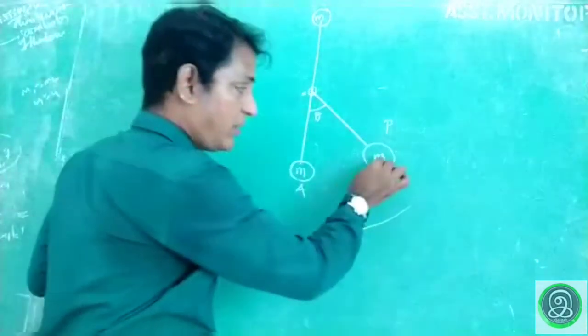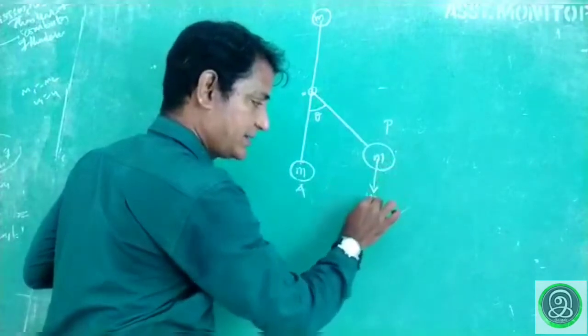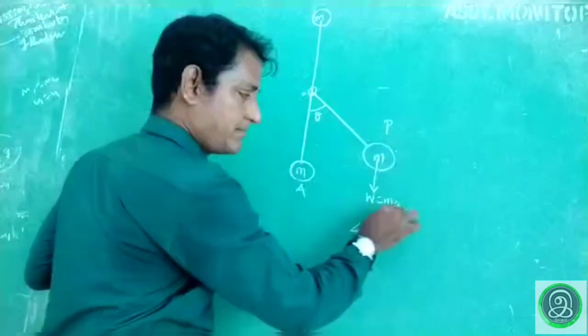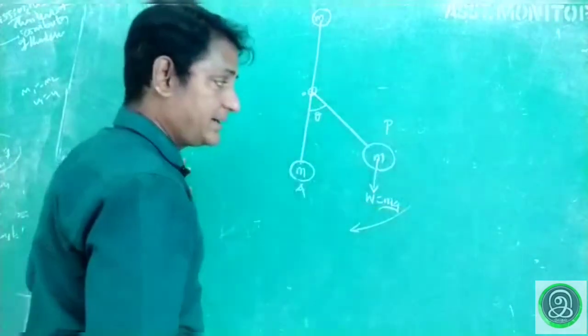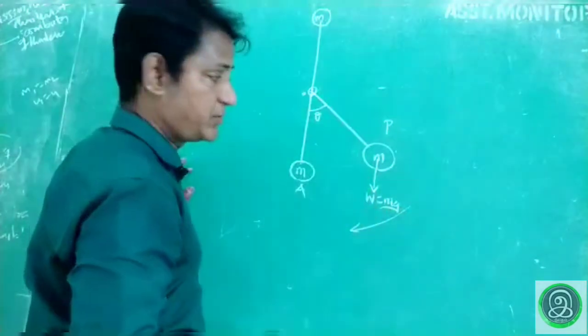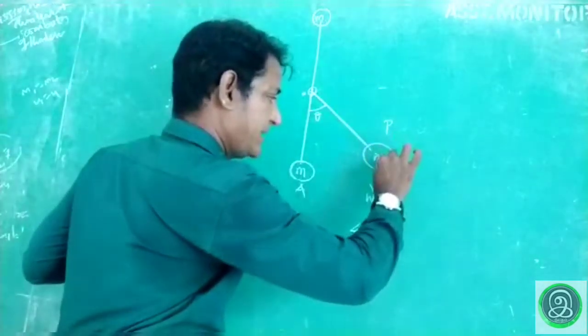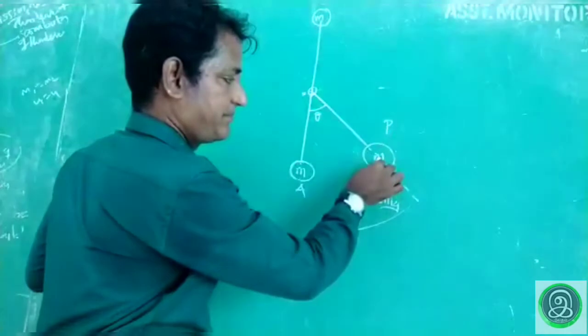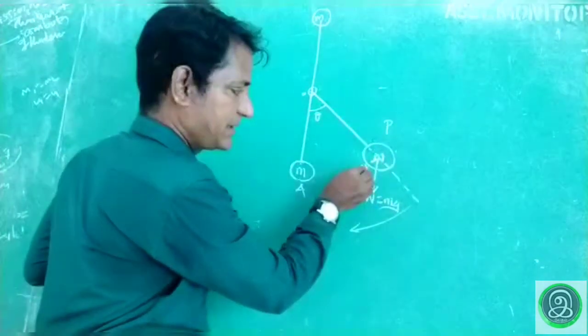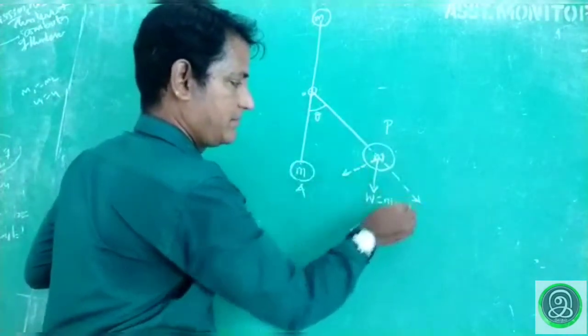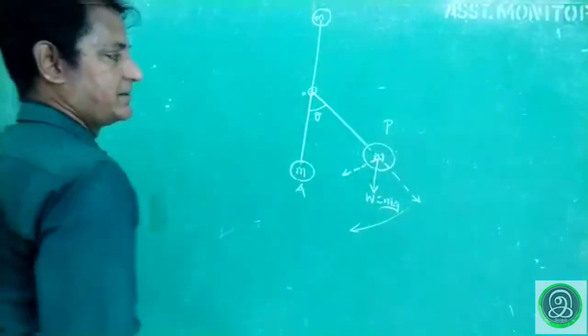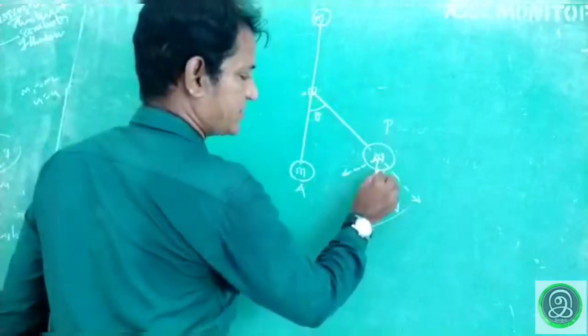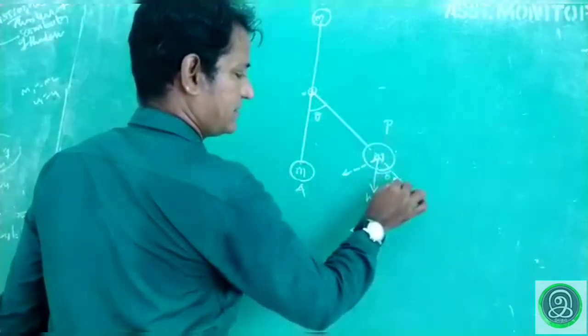So the weight of the stone will be acting downward, and this weight is resolved into two components. One will be along the length of the string, another will be perpendicular to the length of the string. So this also makes an angle theta.